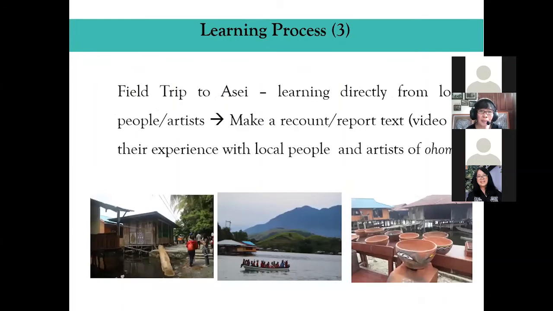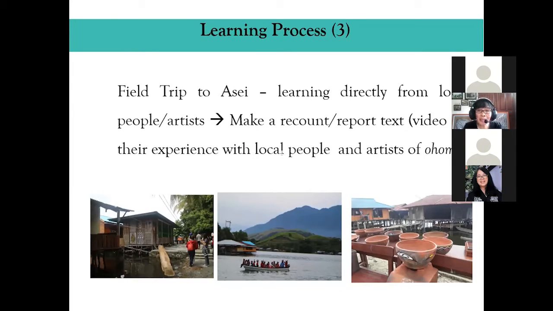Next, please. Because they are senior high school students, mostly they have a motorbike, so they can go to the island here, to Aceh. Aceh is one of the islands in Sentani that still produces Homo.